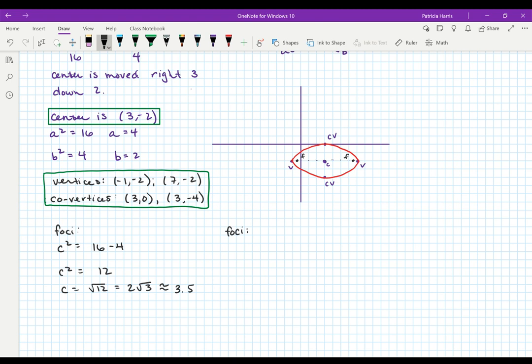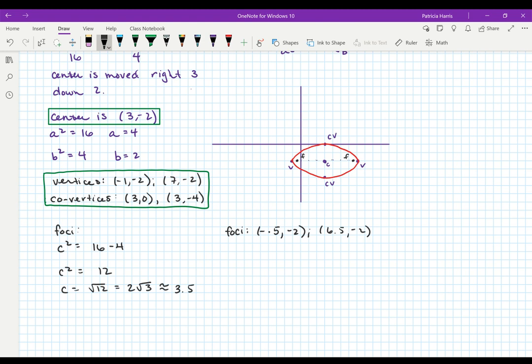If I'm going to write them out as a decimal, that's about negative 0.5, comma, negative 2. And then I counted right from the center, so I'm going to add 3.5 to 3, so 6.5, negative 2. So that's kind of like the counting way.